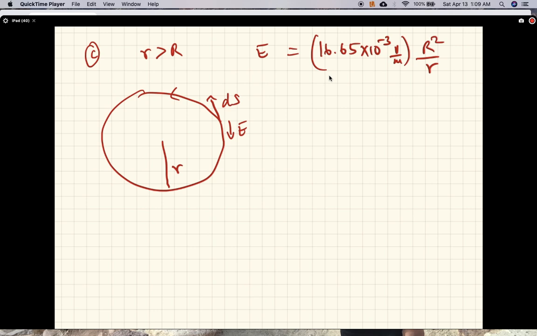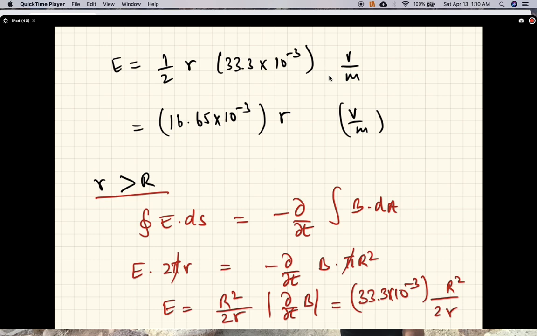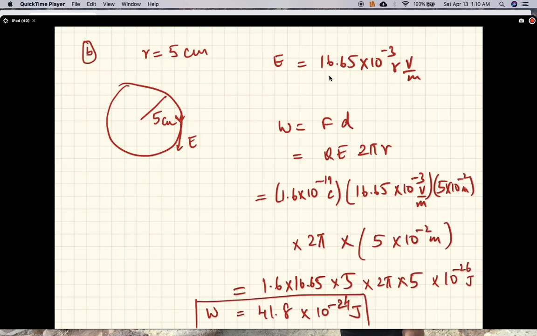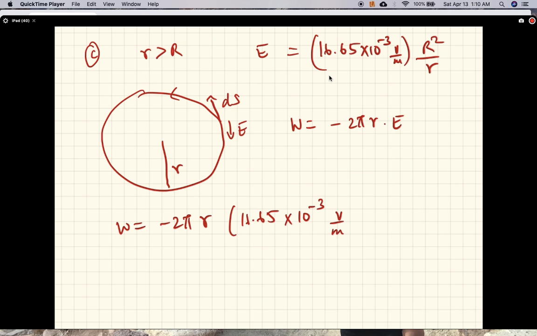So the work done is minus 2 pi r times the electric field, and the electric field is 16.65 into 10 minus 3 Tesla per second, times R square.